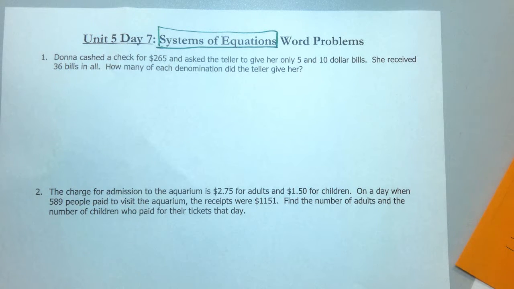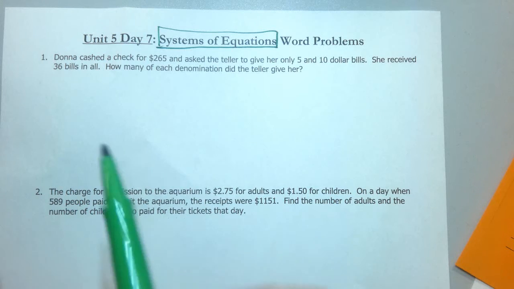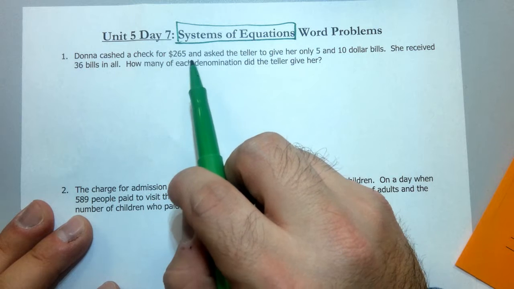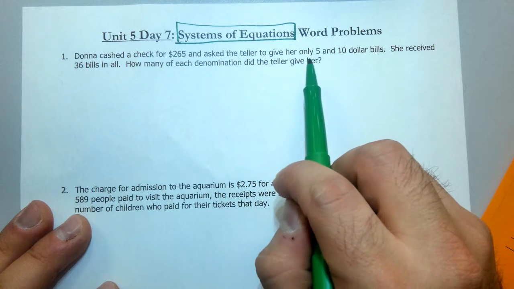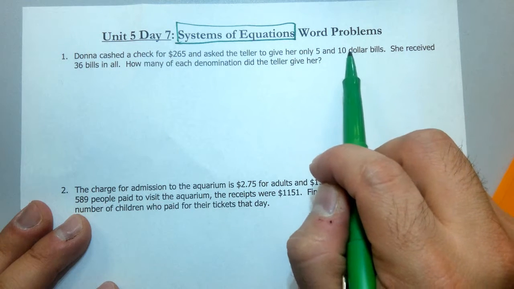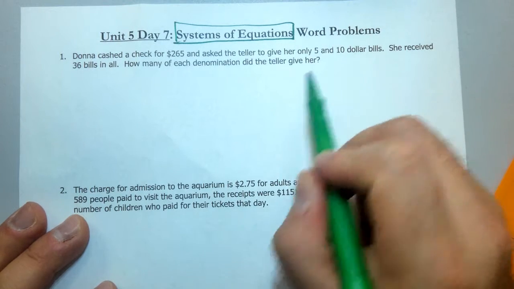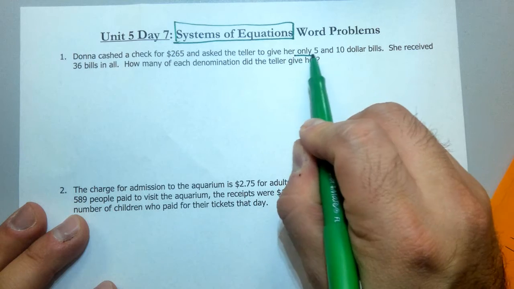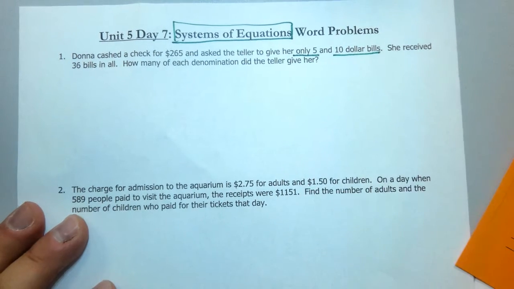Okay, so as I look at this problem, I see Donna cashed a check for $265 and asked the teller to give her only $5 and $10 bills. In every system of equations problem, there's basically two things that you're discussing, and in this case it's the type of bill that she'll receive.